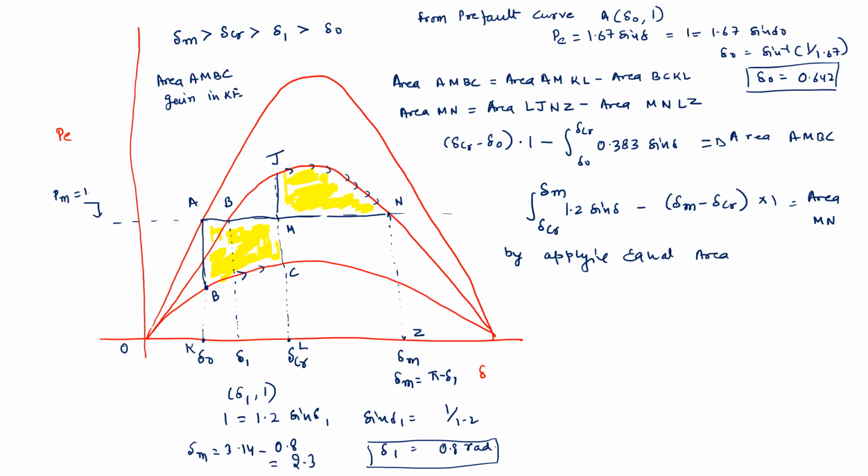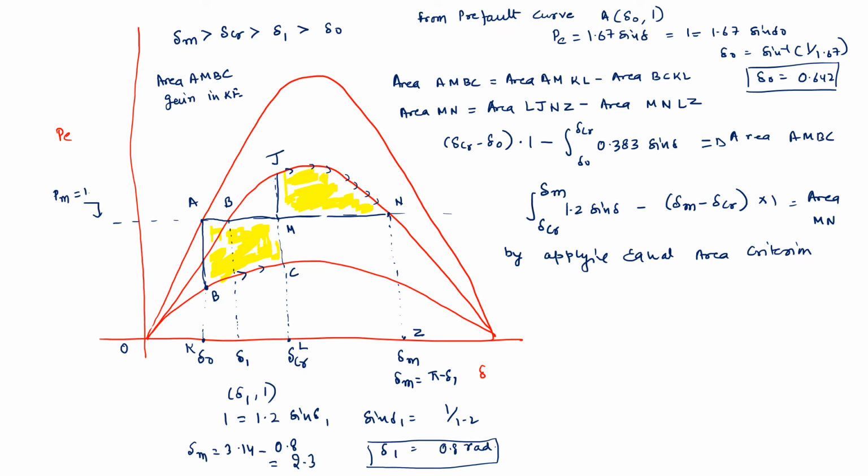If I put these two areas equal, delta naught and delta M are known, but there will be a non-linear relationship in delta, with sinusoidal and cosine terms coming in the expression. So you need to guess: it is 0.6, it is 0.8 and it is 2.3.